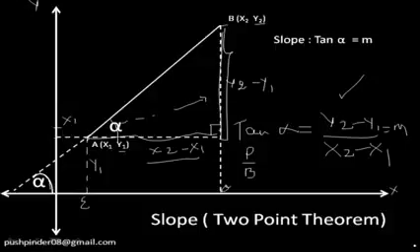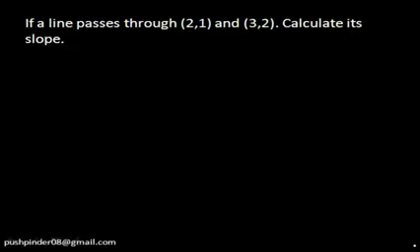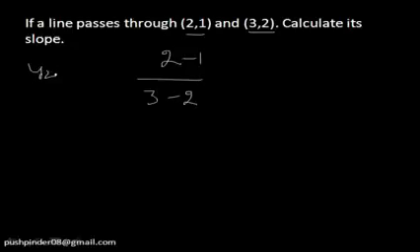Fine, right? Let's go ahead and solve a simple question on it. Now a line passes through these 2 points, and we have to calculate its slope. Since we have to calculate its slope, it can be easily calculated as 2 minus 1 divided by 3 minus 2. That is again y2 minus y1 upon x2 minus x1.